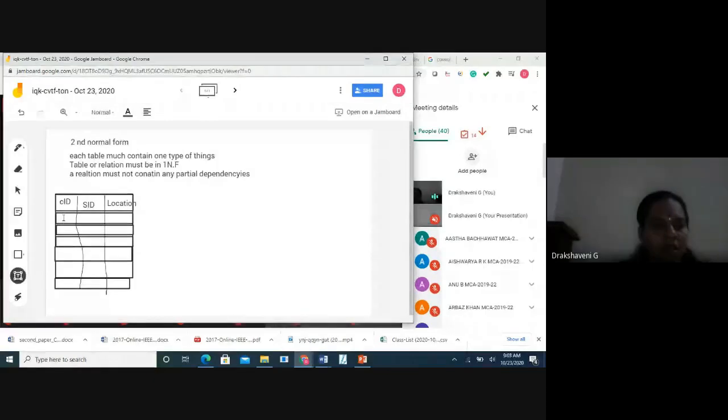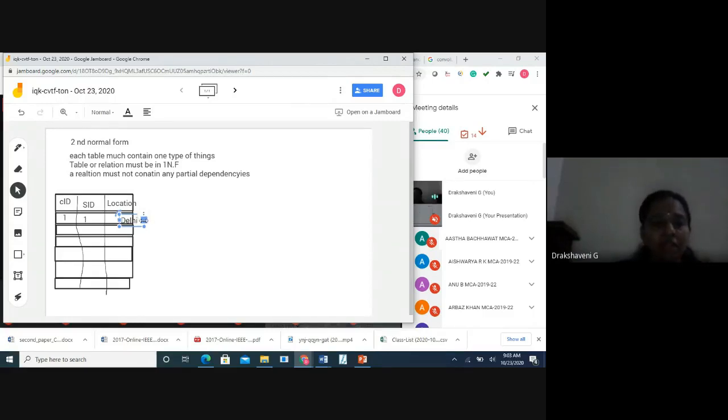Customer ID is 1 and store ID is 1. Now you purchase something in Flipkart or Amazon, so you will have your IDs. Same way here also, customer ID and store ID are different. This store is in Delhi.